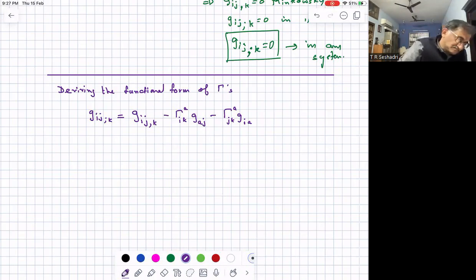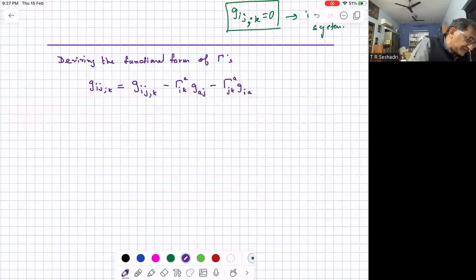Now I do the following. I rewrite the same equation with i replaced by j, j replaced by k, and k replaced by i. I can call them by any name, so I call them by a different name now.